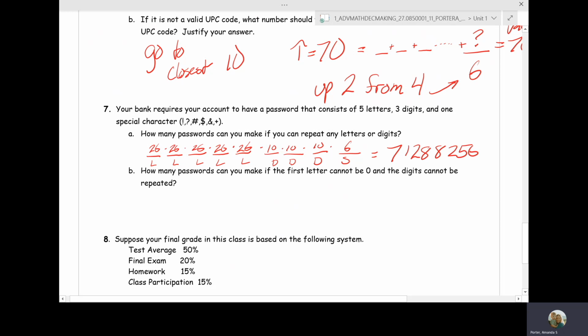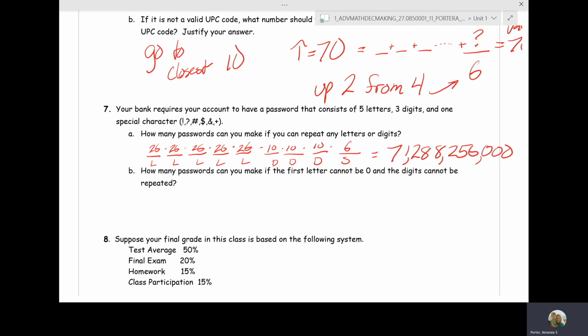And based off mine, it's times 10 to the 10th. That decimal point was right here, so I'm going to move it 1, 2, 3, 4, 5, 6, 7, 8, 9, 10. So there we go. It is 71,288,256,000 options.